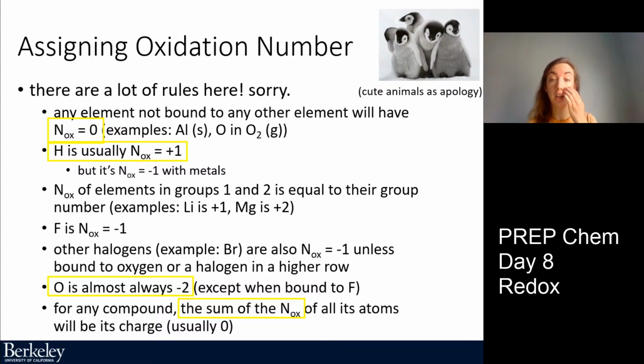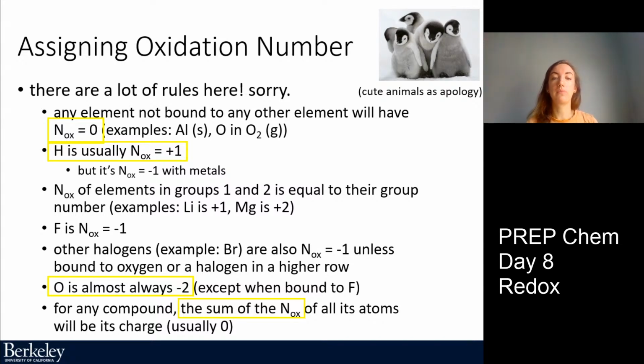Yes, so rule 1 overrules that second to last rule about oxygen. Rule 1 is kind of like a separate category from the other rules. I probably should have written this differently. Rule 1 applies when there's no bonding to other types of elements involved, and all the other rules except the last one are when there is bonding with different types of elements.